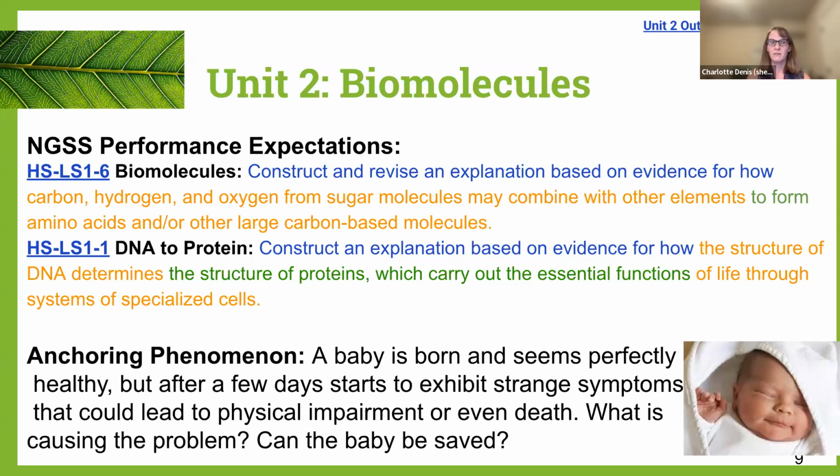There are lots of ways in which Patterns biology is different from a traditional biology curriculum, and this is one of them: we're not teaching DNA and protein synthesis in a separate chapter. We're addressing that because DNA and proteins are biomolecules, and so we're addressing them within the unit around biomolecules.